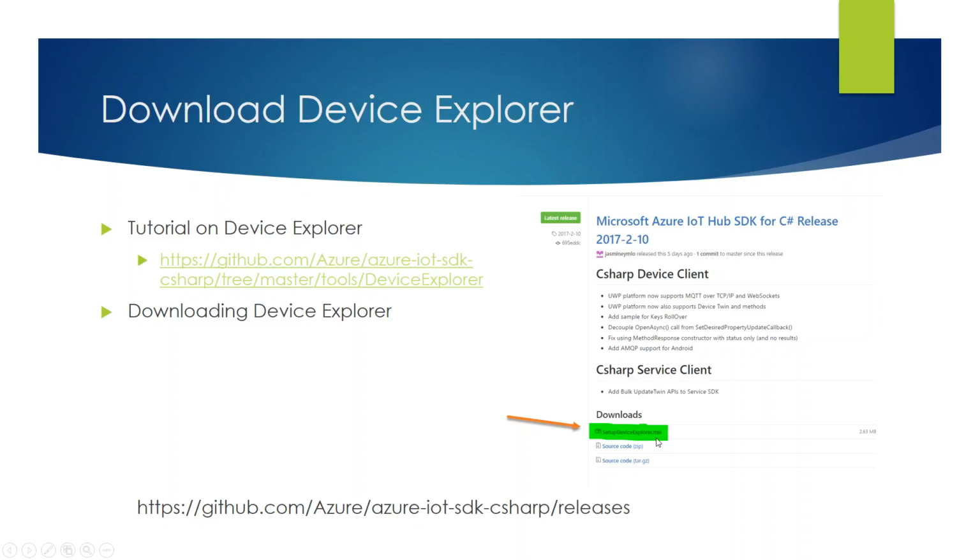And if you click on Setup Device Explorer and download and install it, you are able to actually use it. There's also a very good tutorial on how to use the Device Explorer on this link, in the same location in the wikis. So I really encourage you to go and take a look at it.